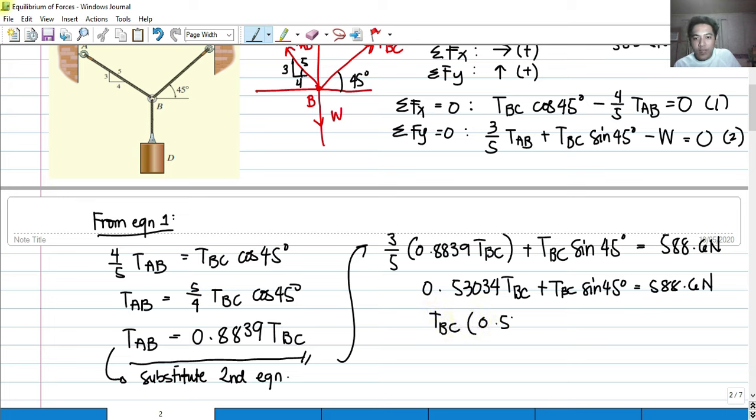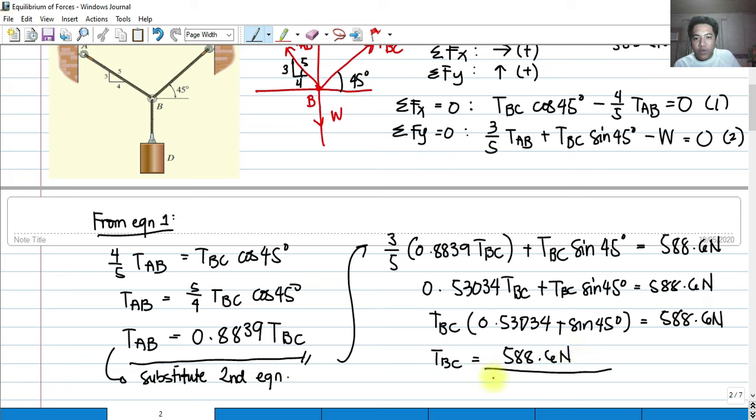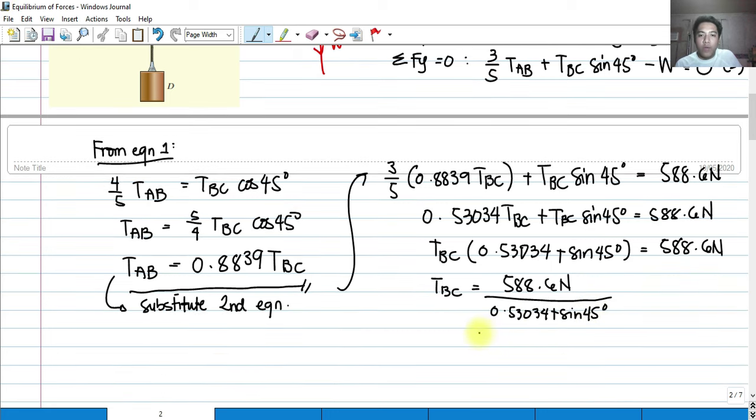So we have 0.53034 plus sine 45 degrees equals 588.6 newtons. So we can definitely isolate T sub BC. We divide both sides by this expression, so we have 588.6 newtons all over 0.53034 plus sine 45. You can also use shift solve or another way of solving simultaneous equations.